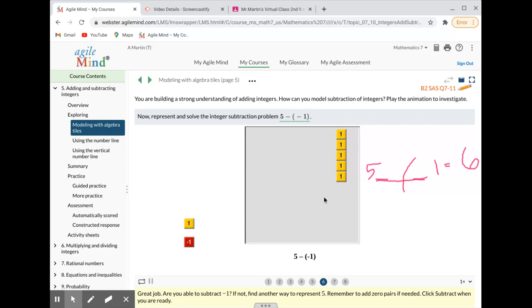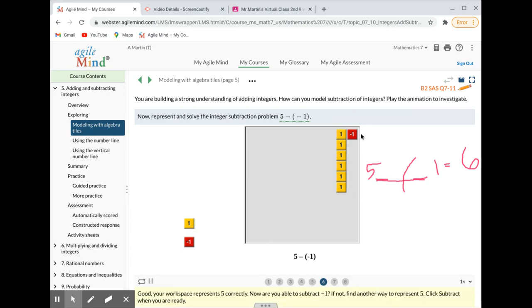All right. So it says, are you able to subtract -1? If not, find another way to represent 5. Remember to add 0 pairs. Well, I got to do that. So I got to have -1 up here, but I can't take -1 away right now. So I have to make a 0 pair.